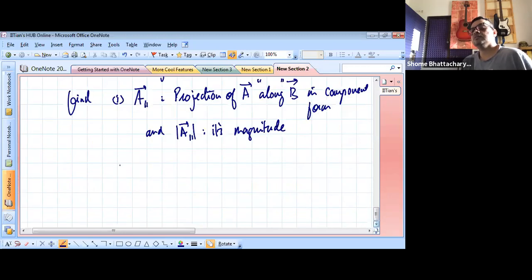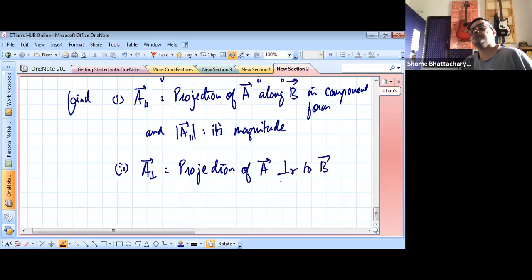And then secondly, I want to find E perpendicular, that is the projection of vector E perpendicular to vector B. Okay. In component form again, and its magnitude.